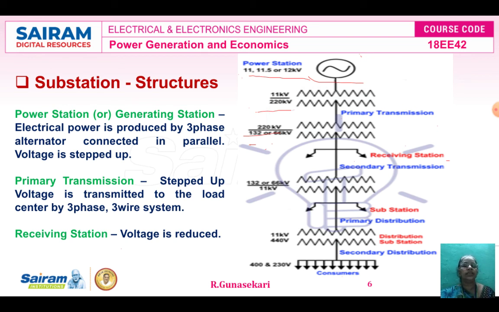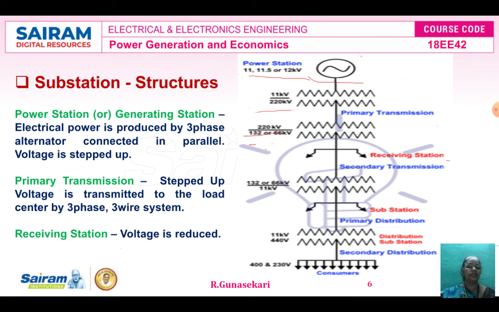The secondary transmission voltage is stepped down to 11 kV, and the 11 kV voltage is transmitted to the substation. Then this 11 kV is directly transmitted to the bulk or big consumers, that is called the primary distribution. So in the primary distribution, the voltage level is 11 kV.